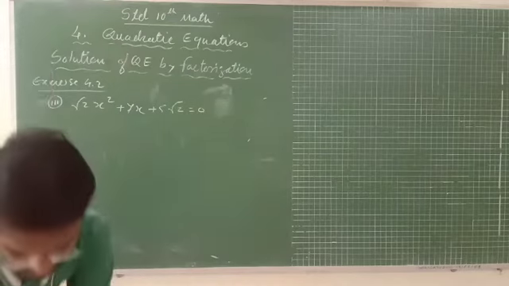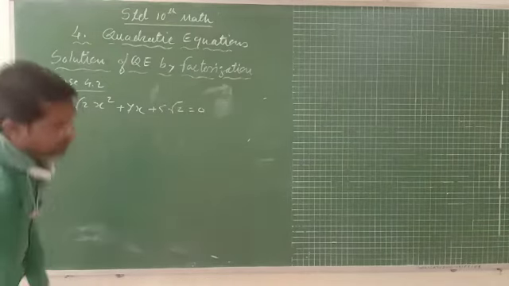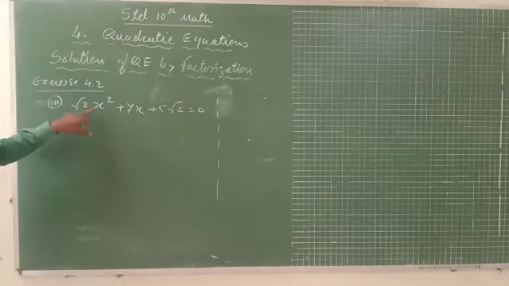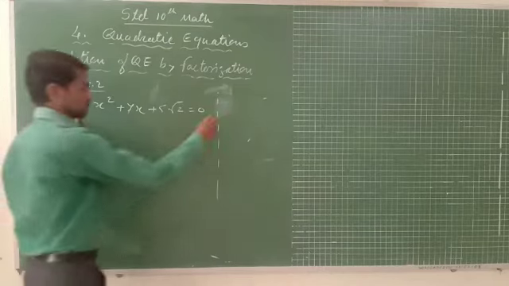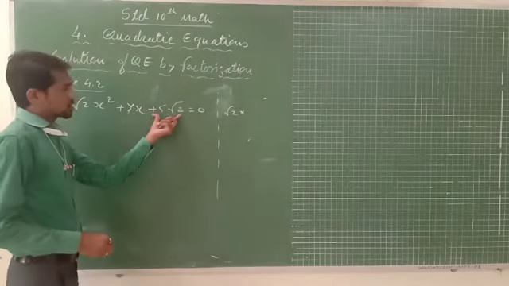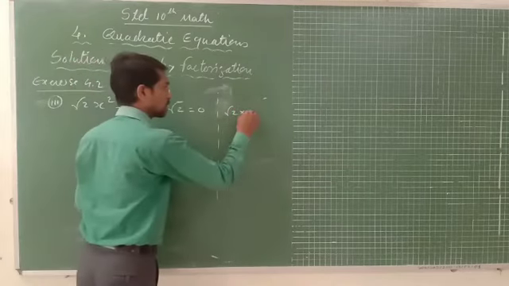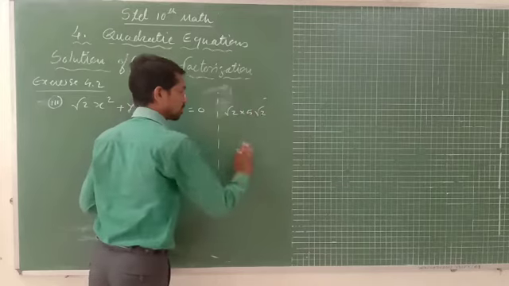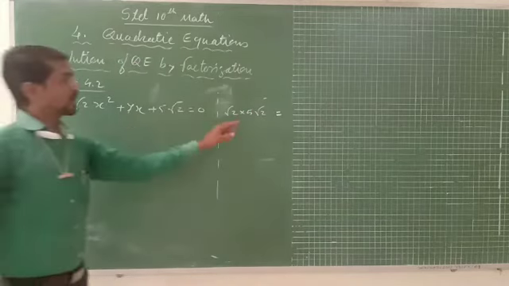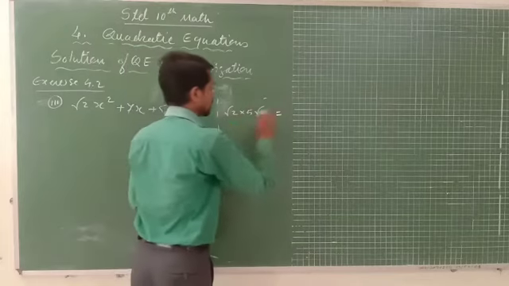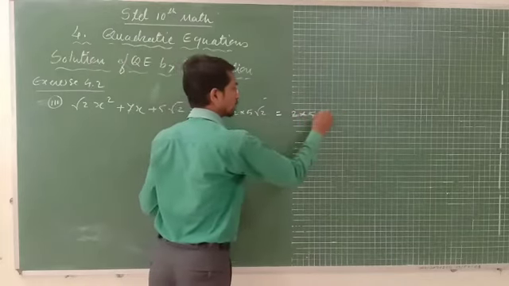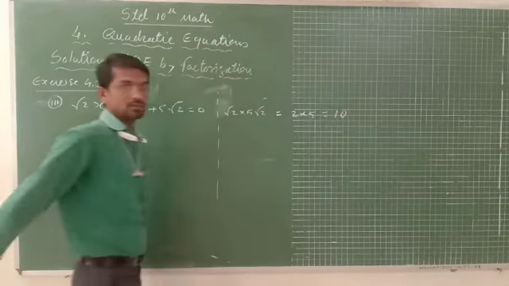Again, it is the same thing. Coefficient of x square is what? Root 2. So let's write root 2 into constant 5 root 2. If you multiply it, root 2 into root 2 is what? 2. So 2 into 5 is equal to 10, right?